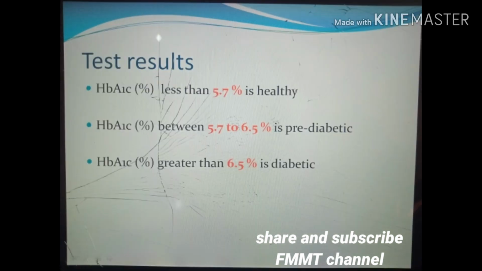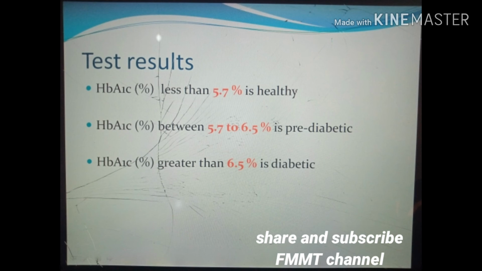And now the test results of HbA1c. Keep in mind, dear students, that you always have to give the test result of HbA1c in percentage, because I told you that the test result of HbA1c shows the average of past 3 months, so we give it in percentage. Okay.